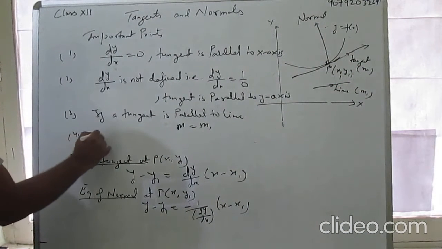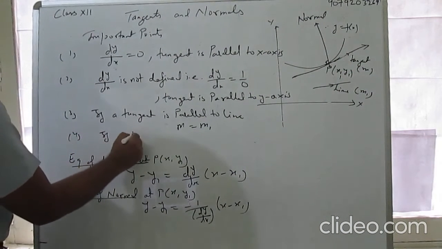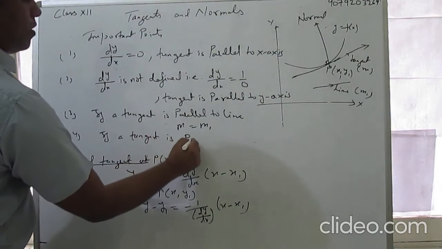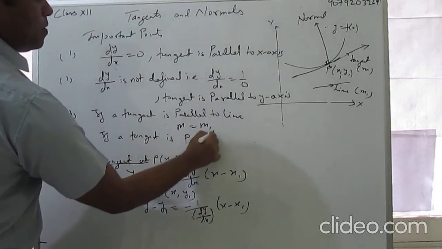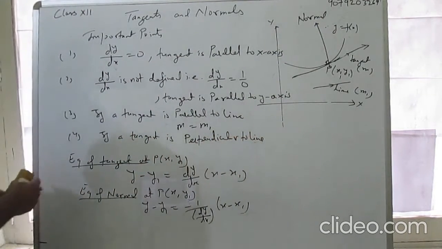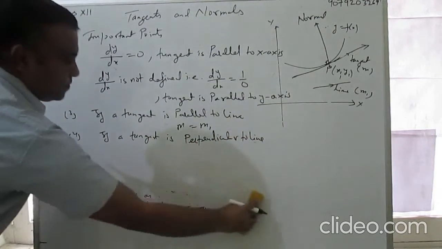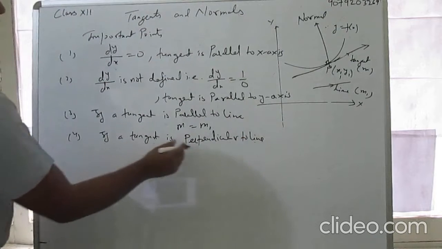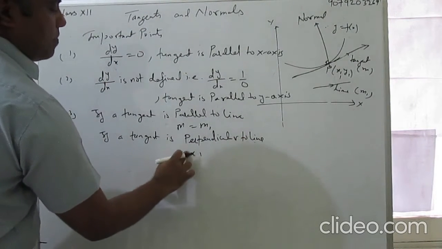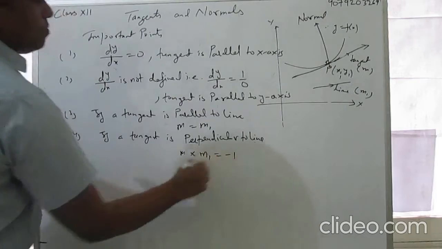Fourth point, if a tangent is perpendicular to a line, then what is the condition? Condition is m into m1 is equal to minus 1.